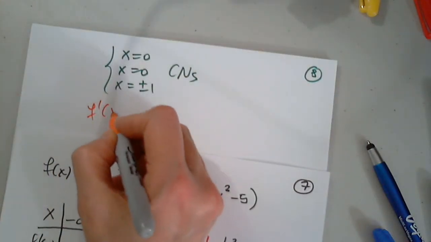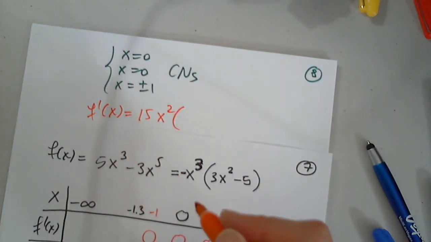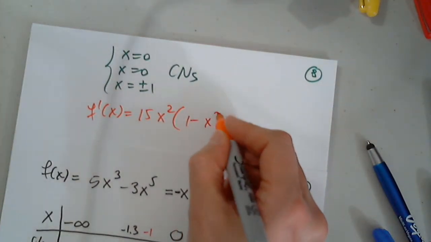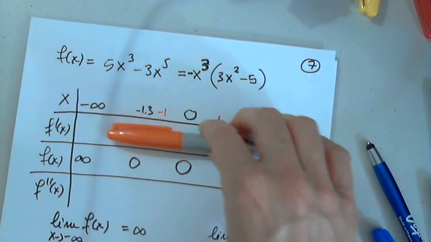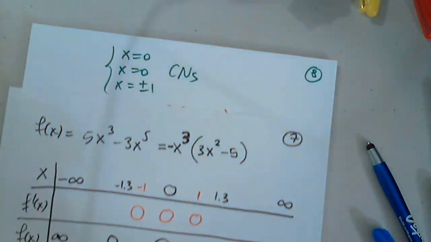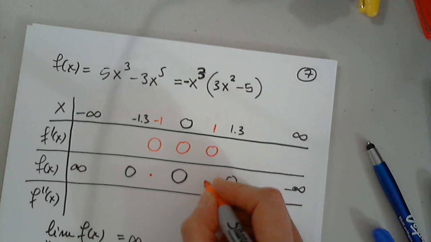So f prime one more time is 15x squared times 1 minus x squared. Before I find the sign of the first derivative, I have to find this number and this number.